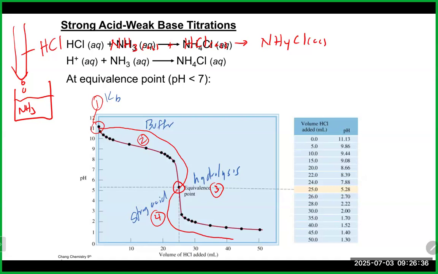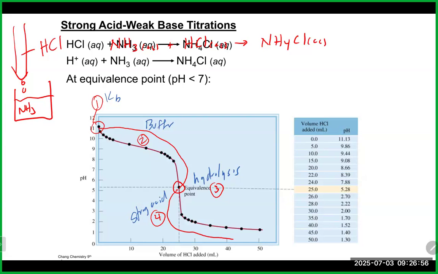Also, when we think about the three titrations that we talked about, if you're in our strong acid, strong base titration, your equivalence point should be 7. If you're in a weak acid, strong base titration, your equivalence point should be basic, which is, by the way, why we use phenolphthalein that works in the basic pH range when you do that.